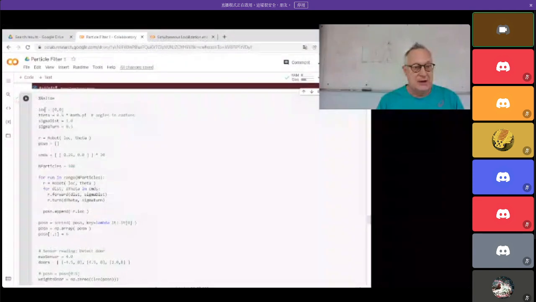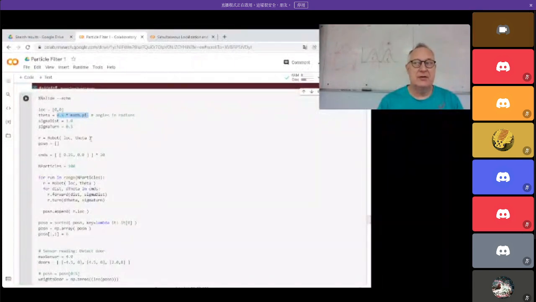So my robot starts at location 0, 0 and 90 degrees angle to the right.